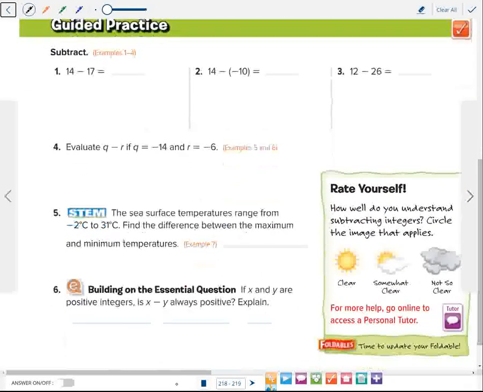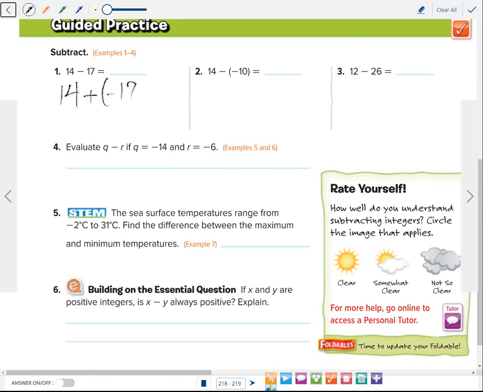So let's subtract. We're going to do the additive inverse of these. So 14, to change to the additive inverse, because 14 plus negative 17. We're at 14 on the number line, and we drop down 17, which leaves us at negative 3.